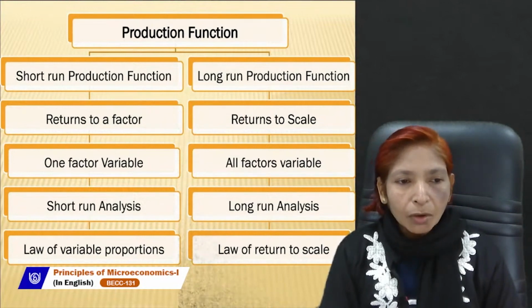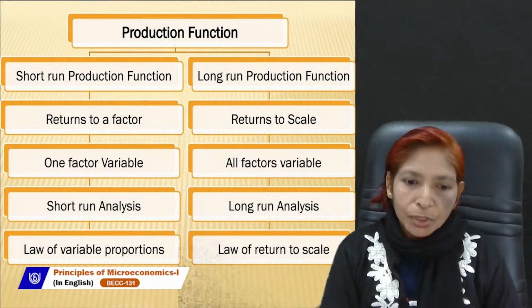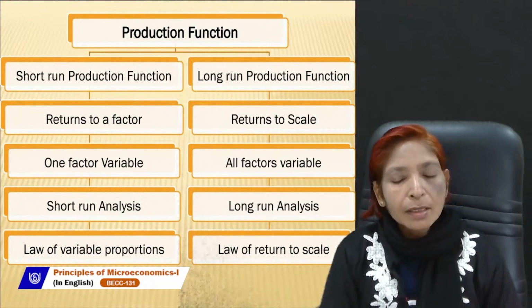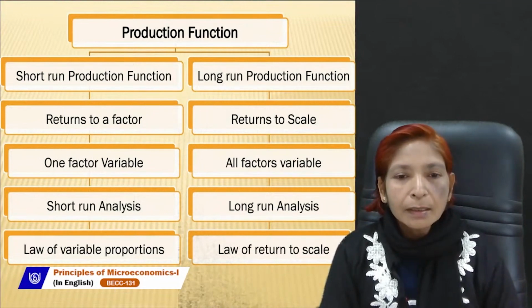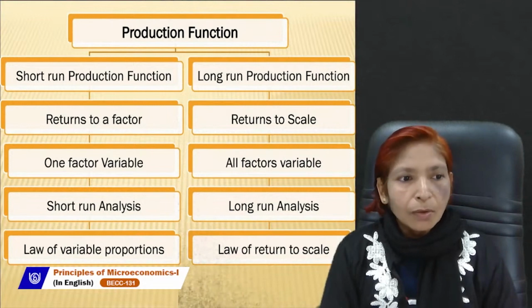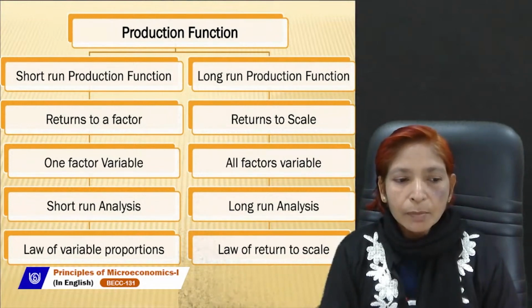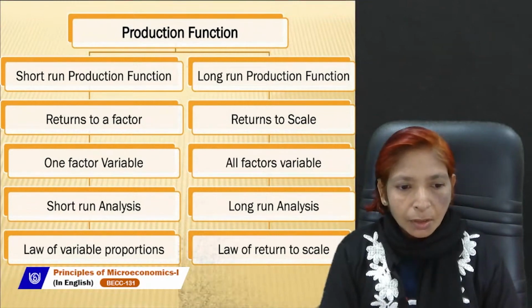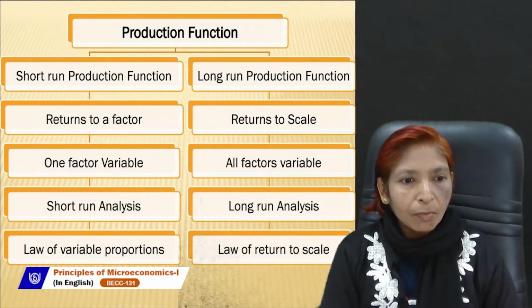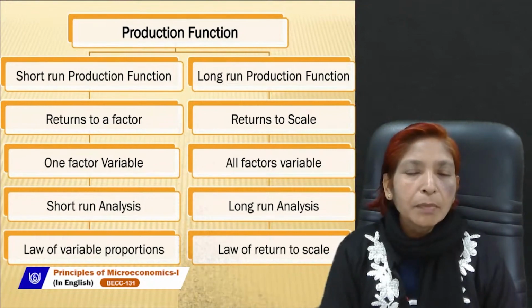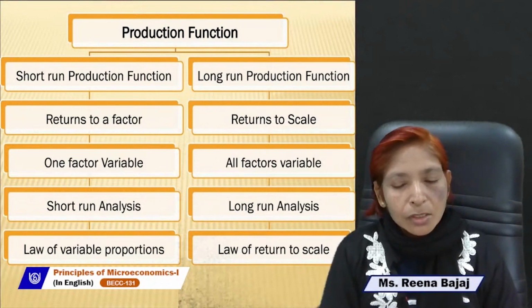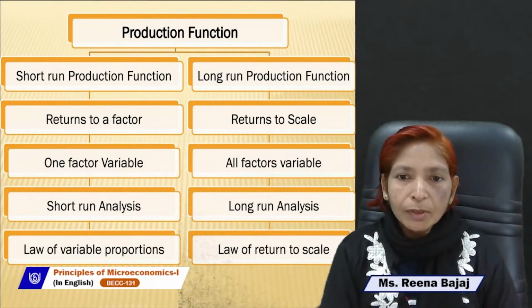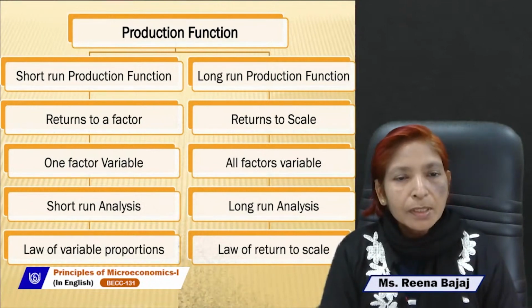Returns to a factor is also known as law of variable proportion, and this law may also be called law of diminishing factors or diminishing returns. Returns to scale is known as law of returns to scale. This is the brief description of production function.